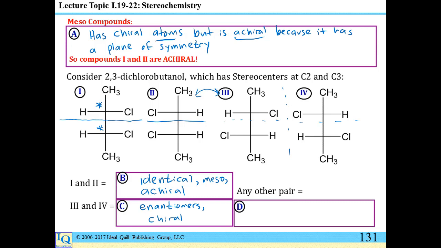And any other pair of compounds, let's say 2 and 3, are diastereomers, because whereas one of the chiral sites is identical, the other one's been switched. In this case, the bottom is the same in both cases, but we switched the H from the right to the left going from 2 to 3. So any other pair that you look at, you'll find that they're not mirror images and they're not identical. Those are diastereomers.